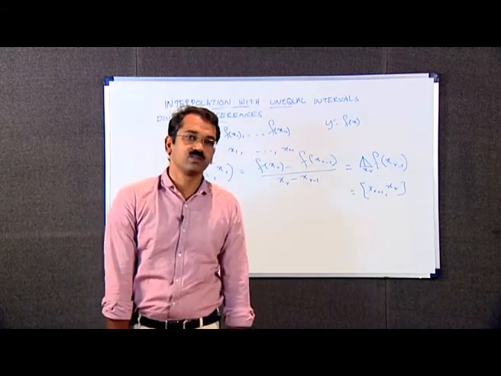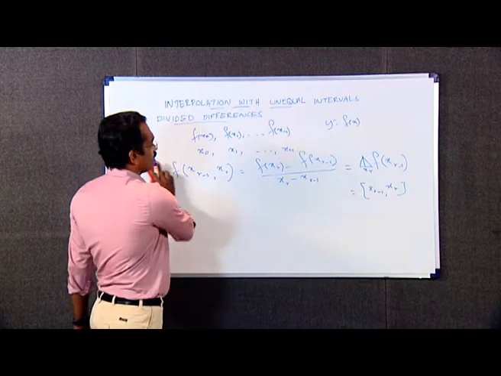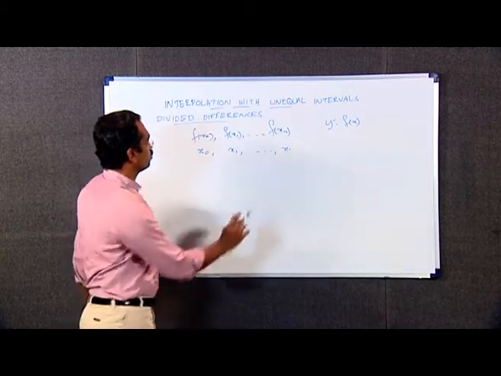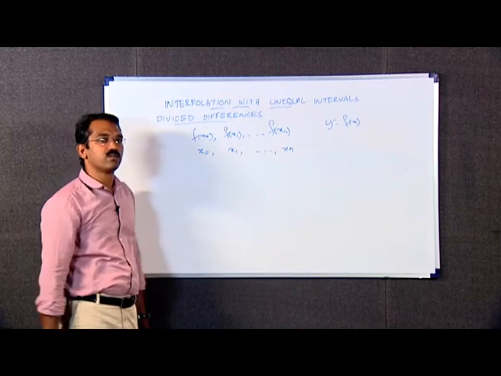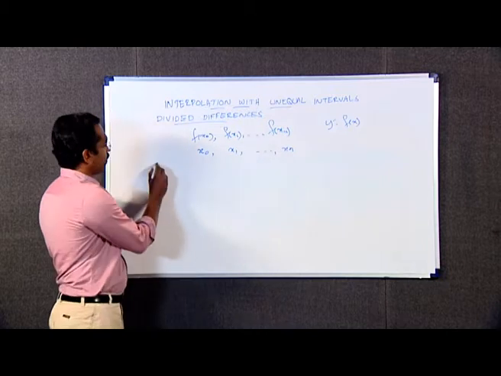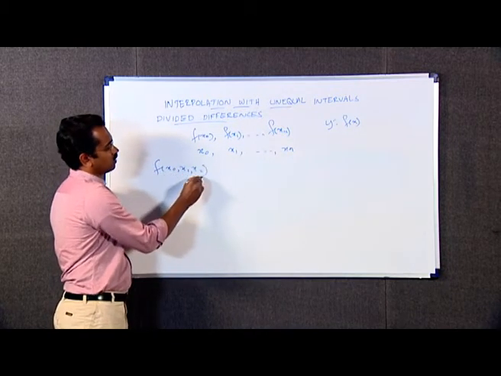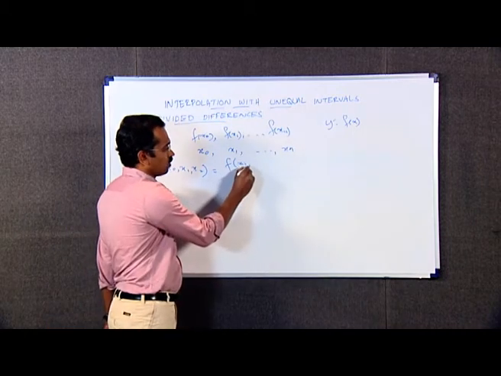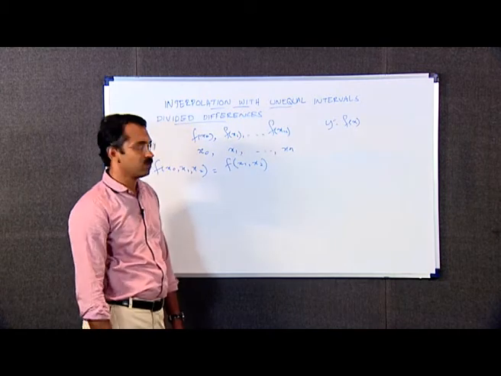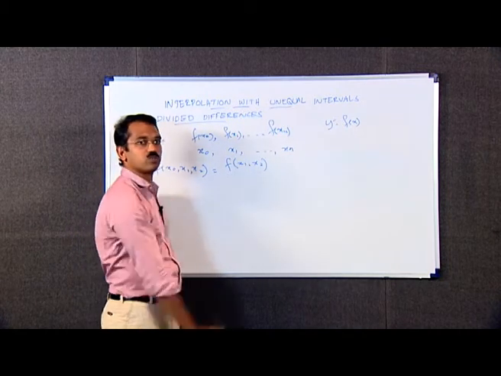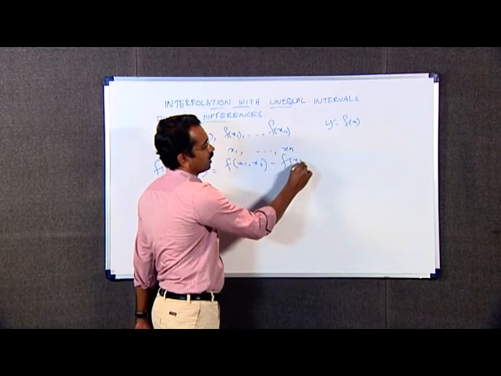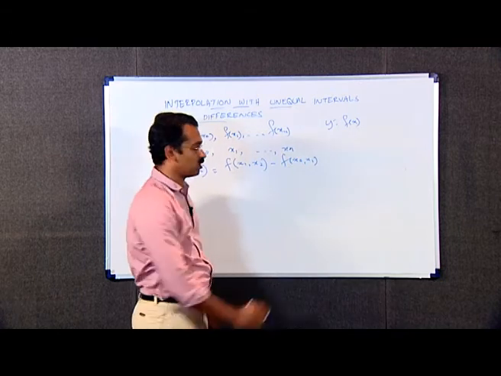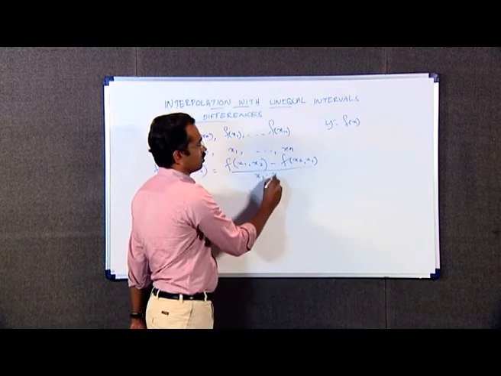The second order divided difference of f of x corresponding to 3 arguments x naught, x 1, x 2 is denoted f of x naught, x 1, x 2, which is defined as f of x 1, x 2, that is the first order divided difference corresponding to the arguments x 1 and x 2, minus f of x naught comma x 1, which is the first order divided difference corresponding to the arguments x naught and x 1, all divided by x 2 minus x naught.